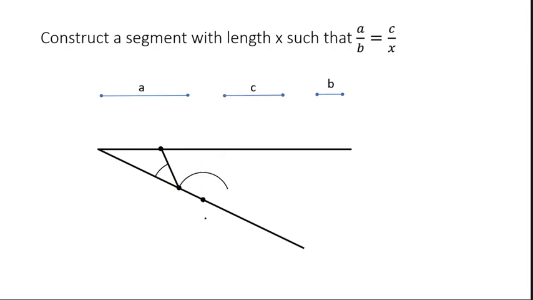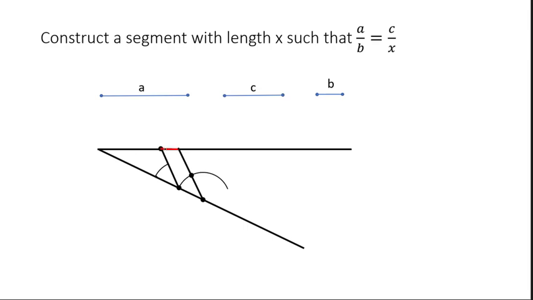All right, and then from here, we want to measure the distance between those intersection points of that arc we created, and then use that same compass length to find this point right here on the same arc. All right, so we found that point, the intersection point on this arc, and so now we just connect the dots. We connect this point with that point, and there we have it.